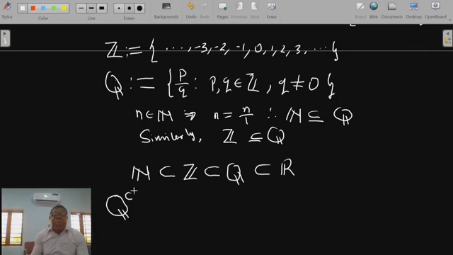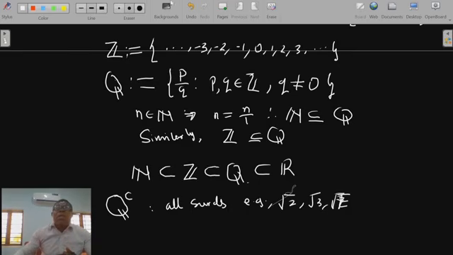Members of Q complement include all sorts, e.g. root 2, root 3, root 7 are all irrational numbers.